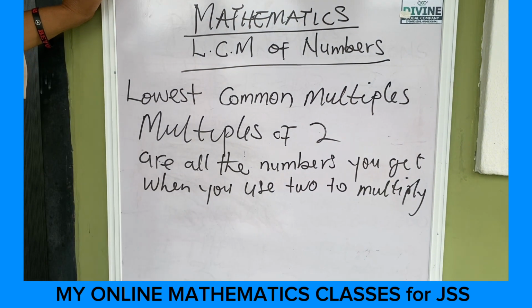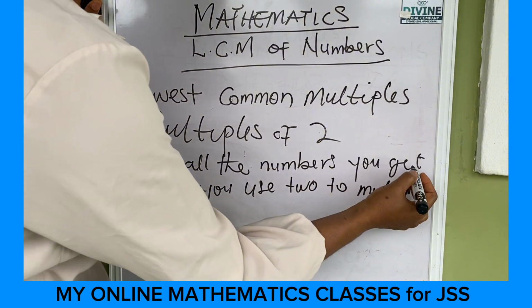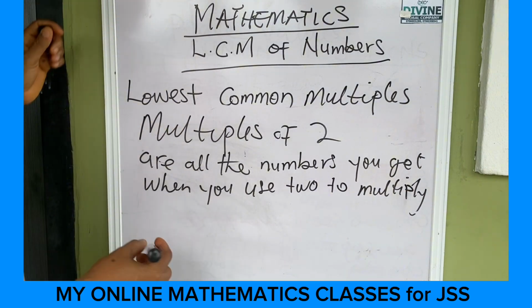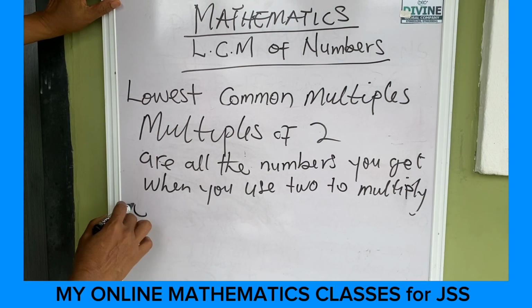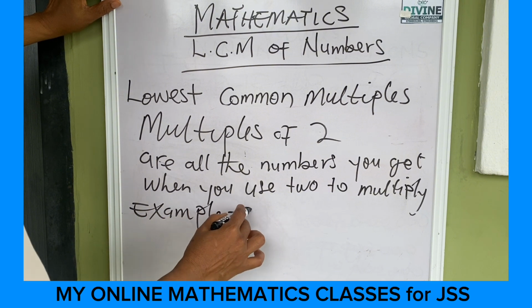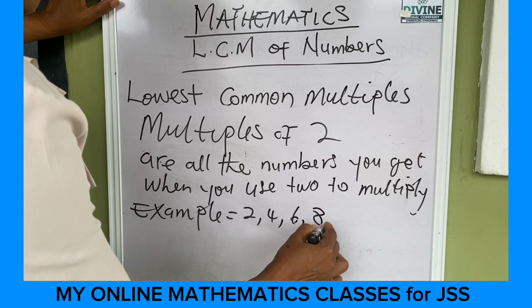All right, so the multiples of 2 are the numbers you get when you use 2 to multiply. When you say 2 times 1, for example, you will get 2. 2 times 2 is 4, 2 times 3 is 6.